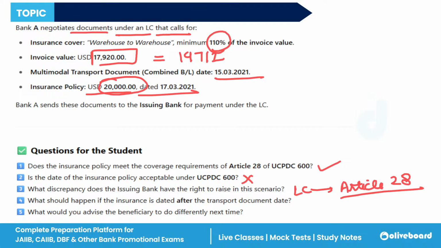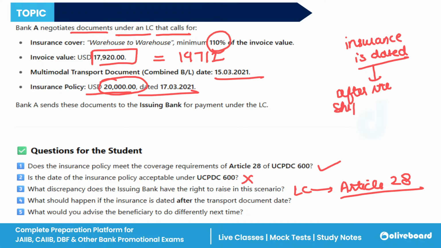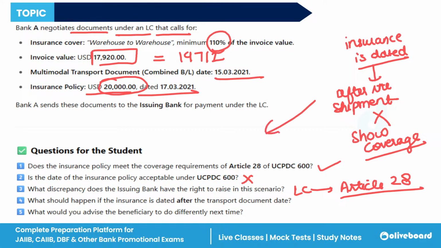If this insurance is dated after the shipment and does not show coverage starting from before the shipment date, the issuing bank must treat it as a discrepancy, right? And what is the practical advice here for next time?